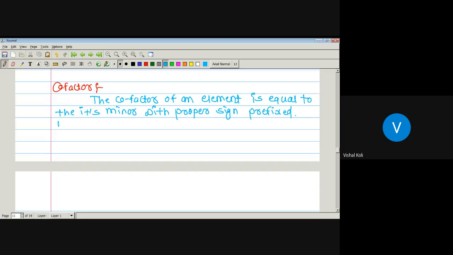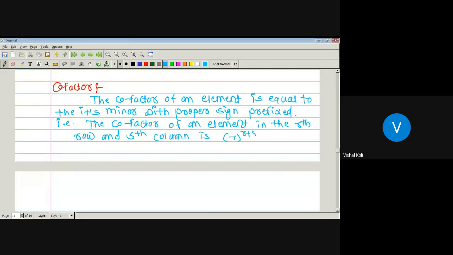That is, the cofactor of an element in the rth row and sth column is -1 to the power r plus s times its minor.